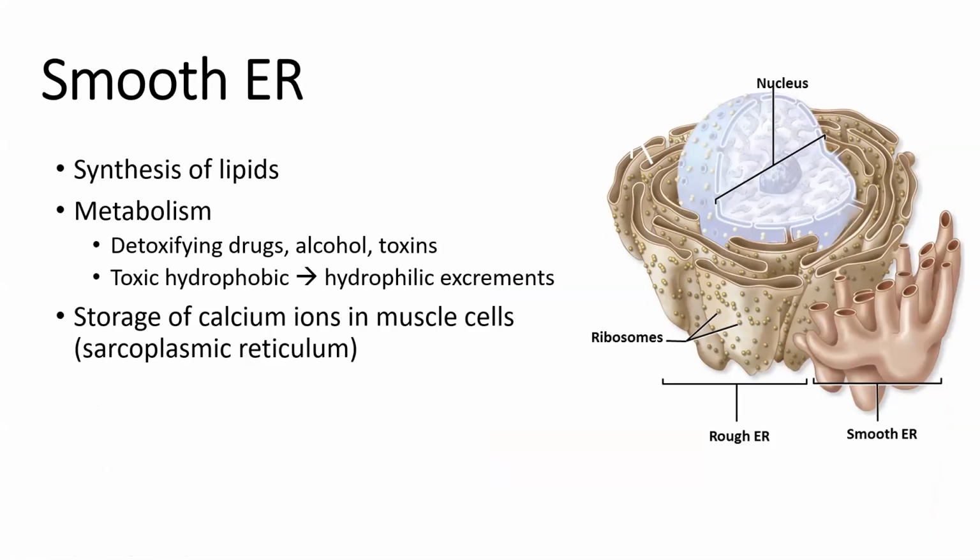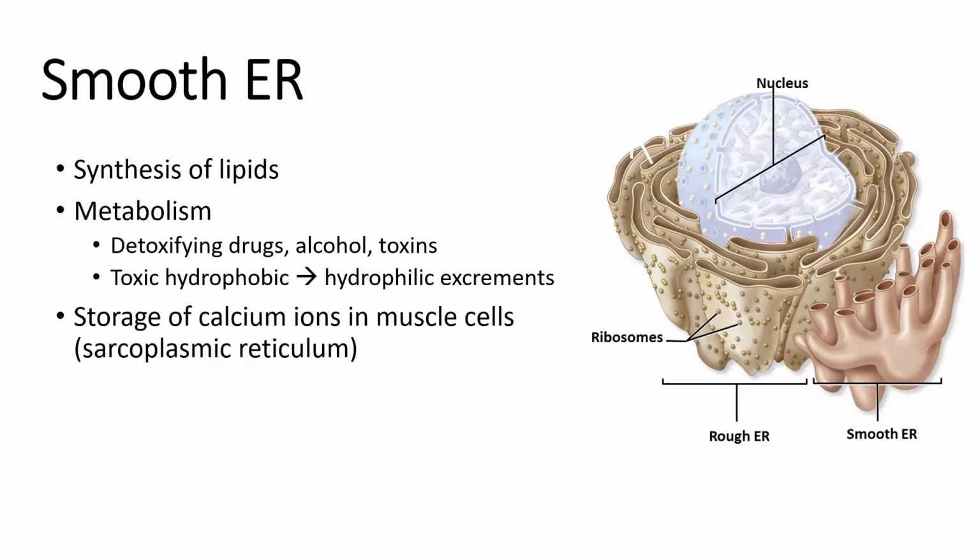You've heard which organ is involved in detox or breaking down alcohol. Yep, you guessed it, the liver. So you can imagine liver cells have a lot of smooth ER in them, because it's going to be working overtime to get rid of that alcohol that you consume.